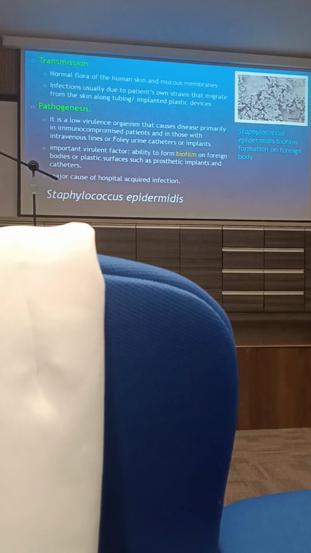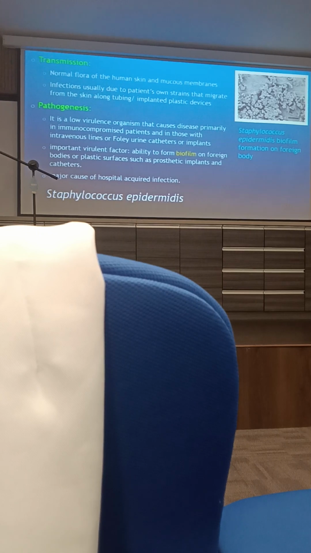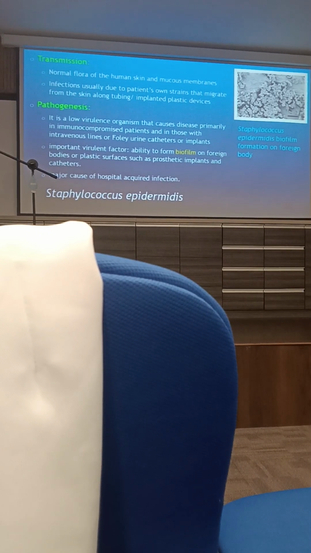Also when taking a blood sample, aseptic techniques need to be taken so that it's not contaminated with the patient's own flora. That one is for sampling, but in prosthetic device use, these organisms can get into the blood, causing a lot of infections.